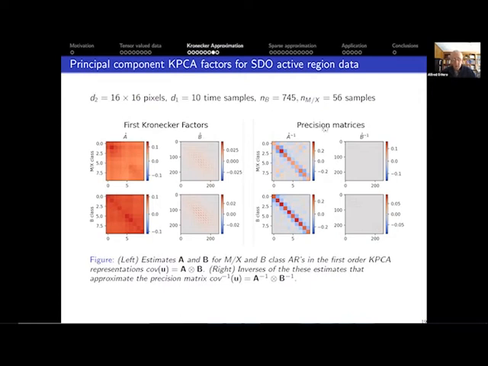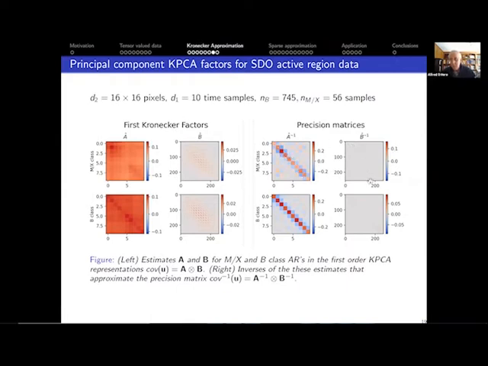In the inverse of the Kronecker factors, the inverse covariance, the precision matrix, we see this characteristic looks pretty tridiagonal here, maybe a little bit less up here, with some heterogeneities in the variances over time.